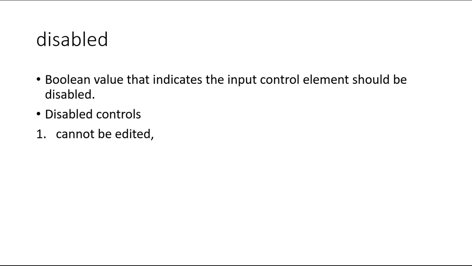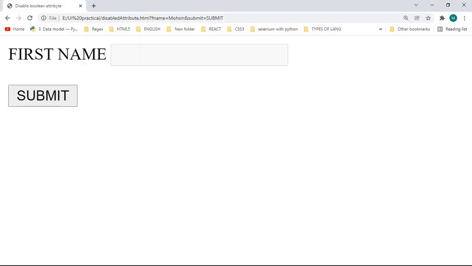Disabled input control elements are not sent on form submission. Let's check this. See here, it is not allowing me to enter anything. Now I am clicking on the submit button. 1 2 3 click. It is not allowing me to submit, correct?